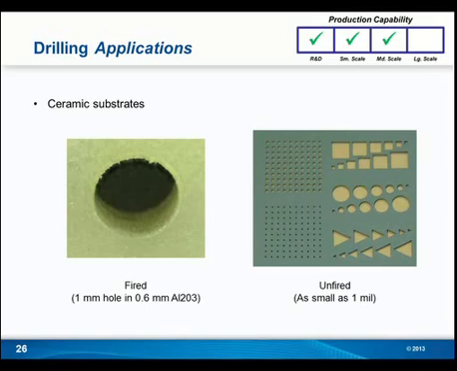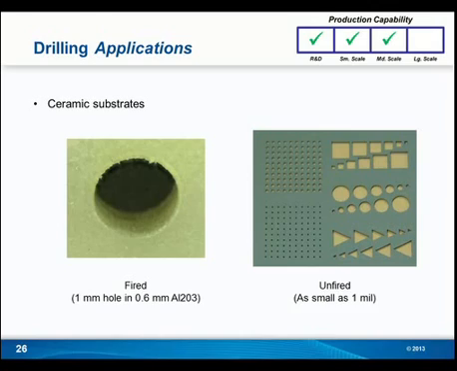And so you can actually go to smaller holes with the unfired material because your energy is being absorbed at a different rate. So it's going to be faster for unfired ceramics for drilling and a little bit slower for fired ceramics, but still very quick and acceptable on the research and development side. And then if it's an application where you need those clean results, then you see that even with fired ceramics, small scale and medium scale production is very possible.